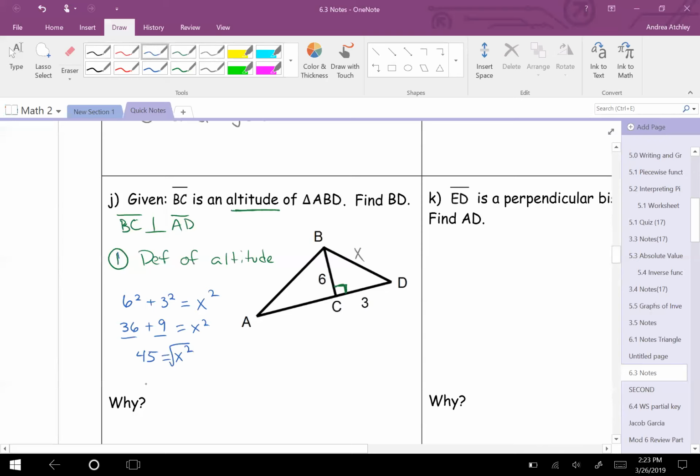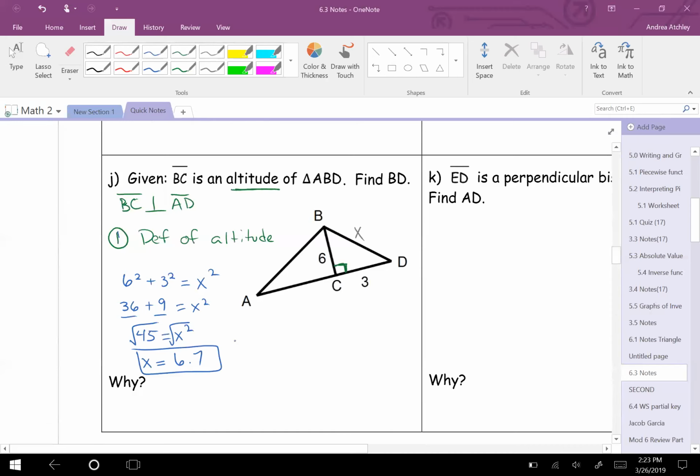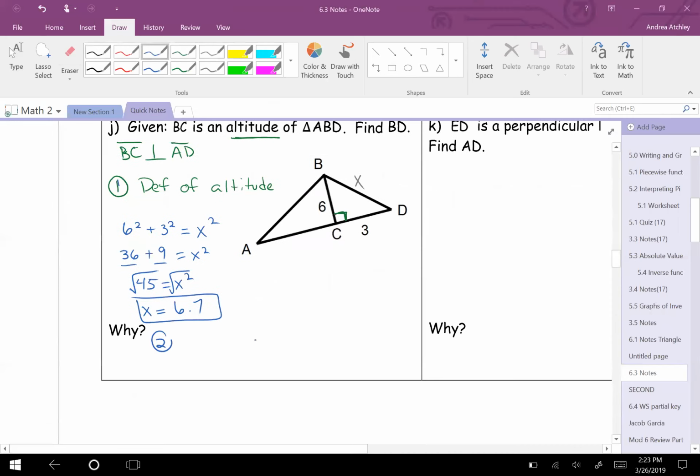Then I square root, and I get x equals 6.7. And that reasoning is the Pythagorean theorem. Any questions over that?